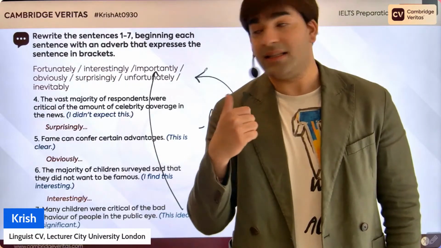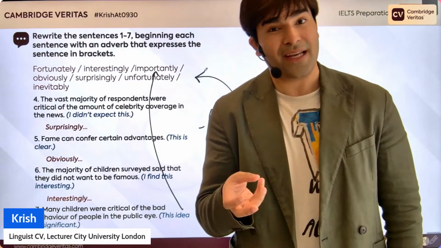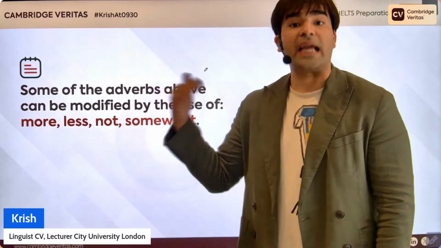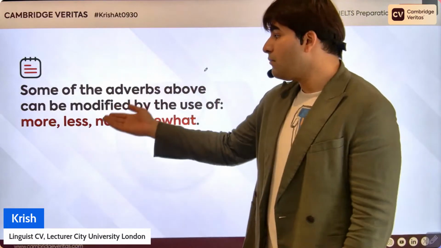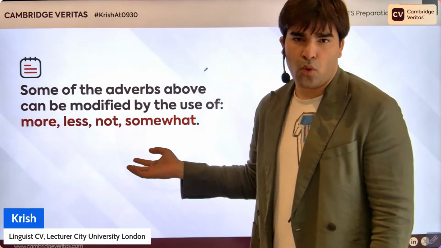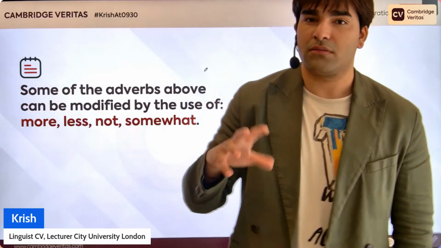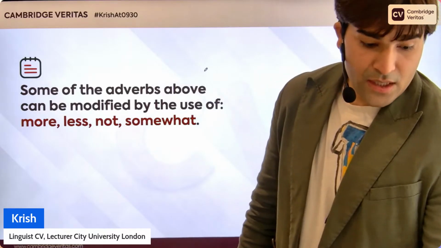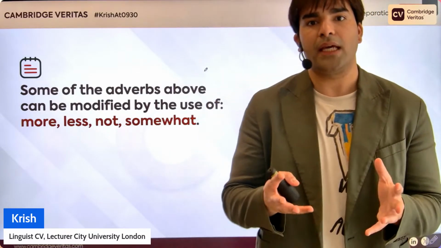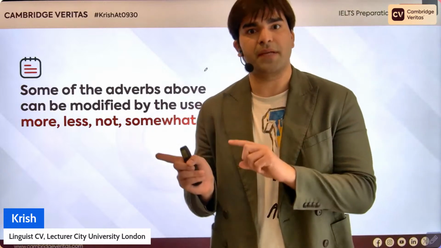These words can be modified further using words like more interestingly, more inevitably, less, not, somewhat inevitably, somewhat interestingly, somewhat surprisingly. You end up making a complex sentence structure because of this.